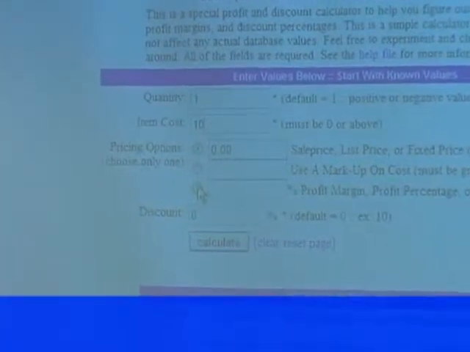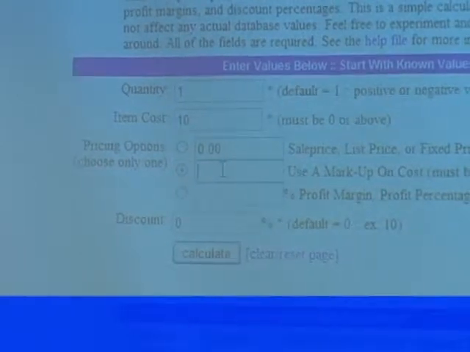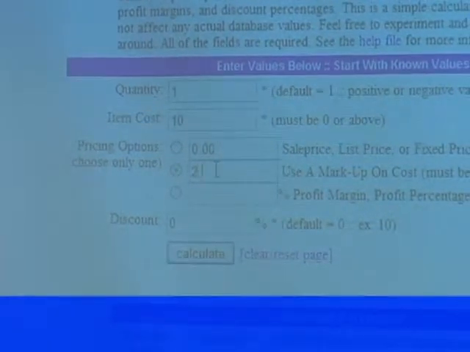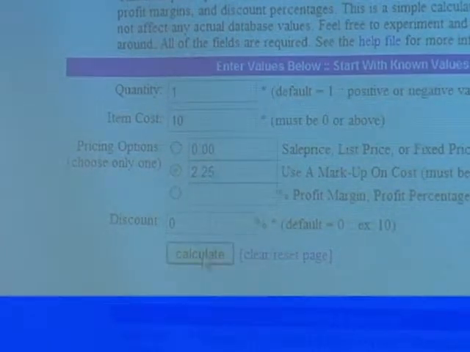It automatically would give you a new value. Matter of fact, I'll run a scenario right here just so you can see what it does. I'm just going to reset this page so it goes back to basically nothing. Say I have a cost of $10 and I wanted to do a markup of 2.25 and I hit calculate.